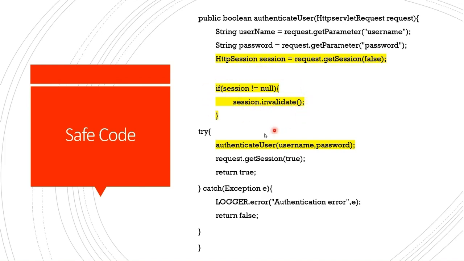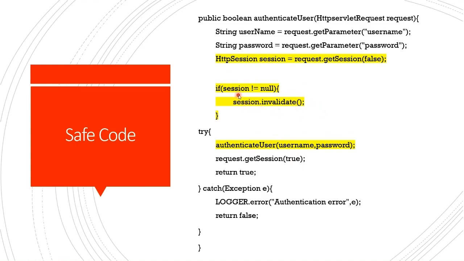This is the only extra line of code a developer needs to write to fix this vulnerability. They need to check whether that session is null or not. If it is null, then fine, they can validate the username and password and create a new session. But if it is not null, if some session is already there in the request, then they need to delete that session.